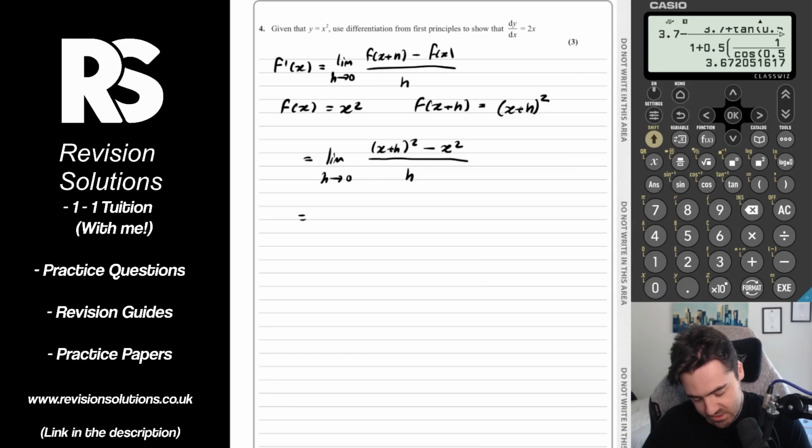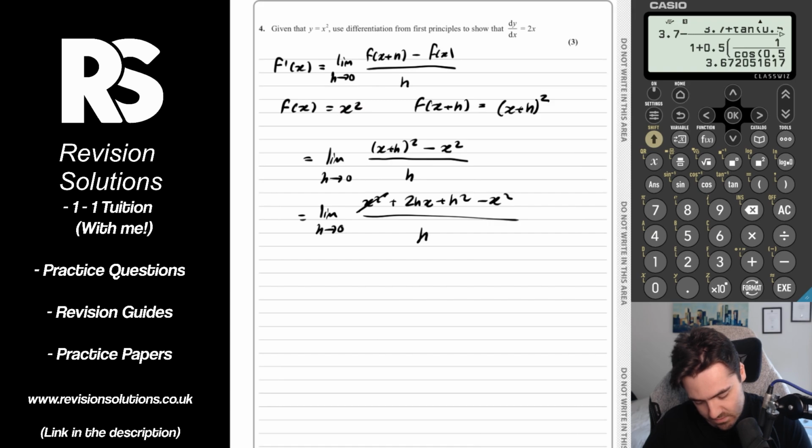Then we can't actually divide by h, so we need to expand the top. That's going to be a common thing that's going to happen. We'll have to do some algebra before we can evaluate our limit. So on the top, we would have x squared plus 2hx plus h squared minus x squared all over h. And then we can cancel off a lot here.